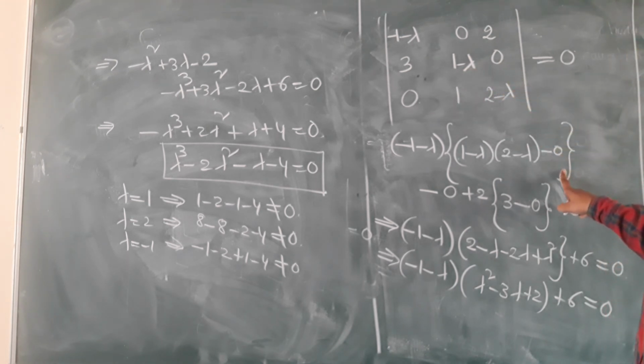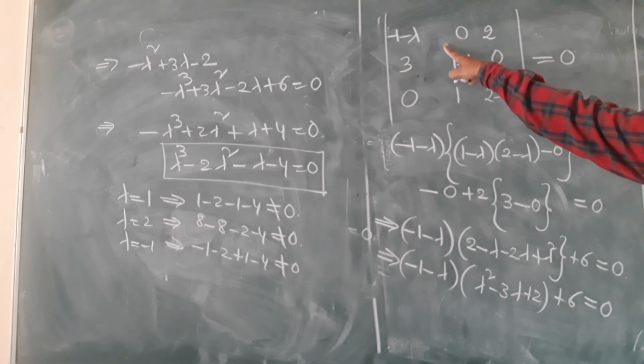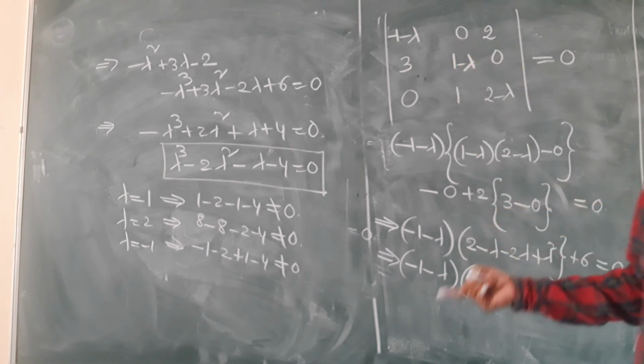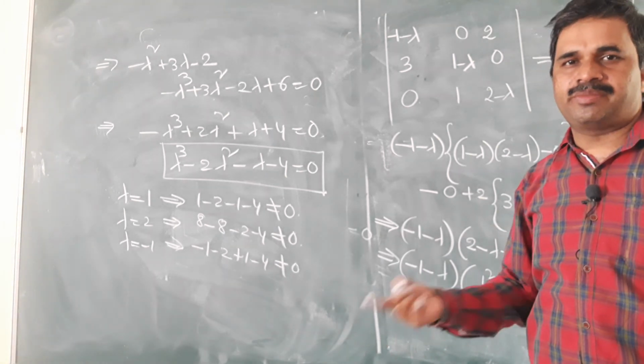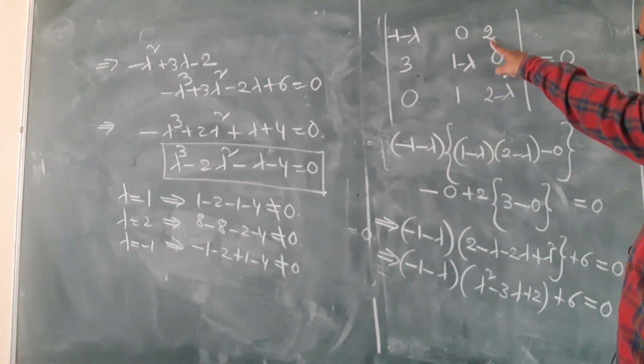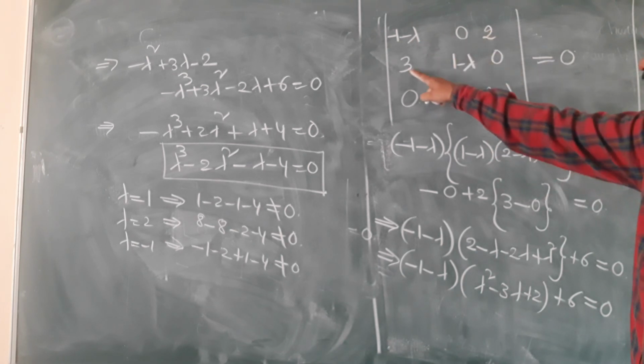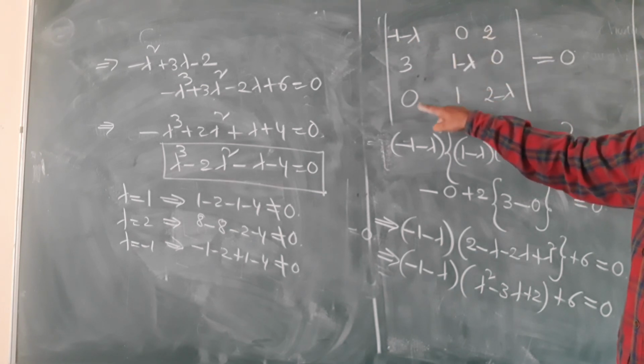Next, minus the second element, 0 into 0, is 0 only. No need to do the remaining part because 0 into anything becomes 0. Plus 2 into, leaving this row and column, 3 times 1 is 3 minus 0, and anything times 0 becomes 0.